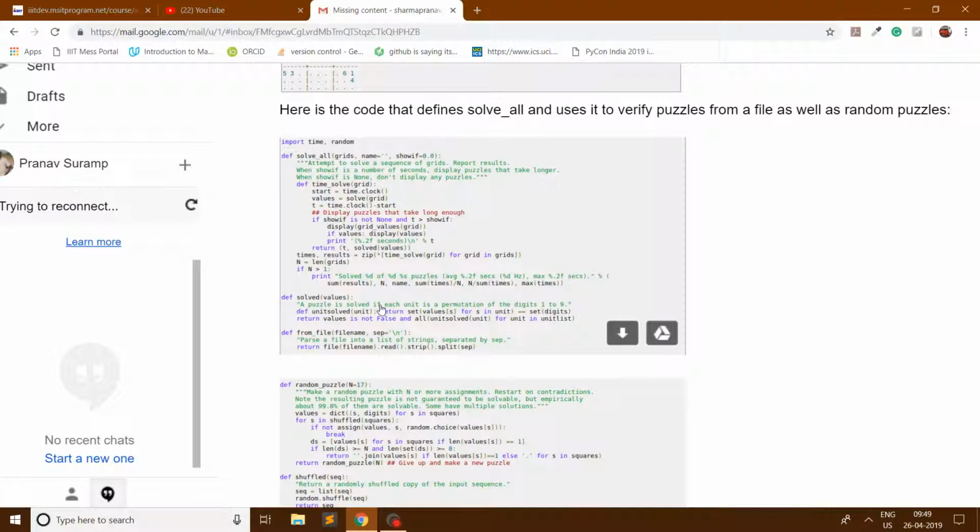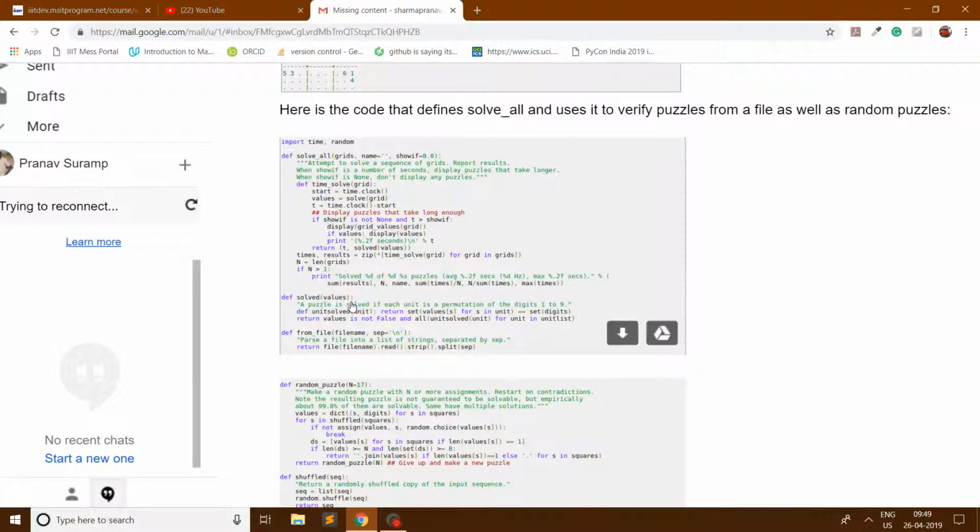A puzzle is solved if each unit is a permutation of digits 1 through 9, in any order; it doesn't matter. So solved checks for this validity.